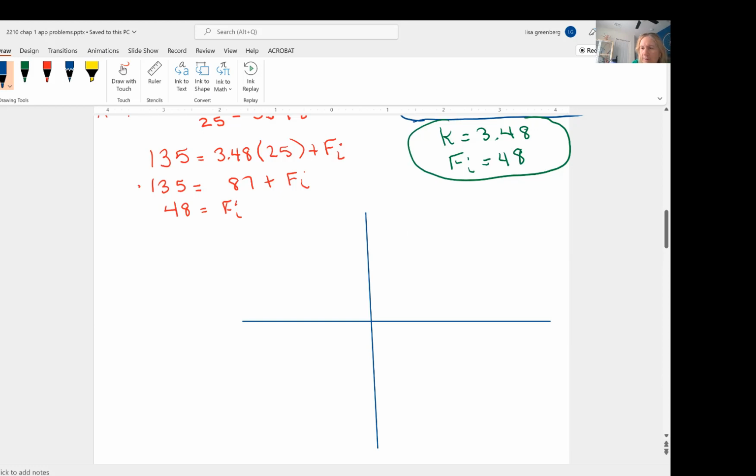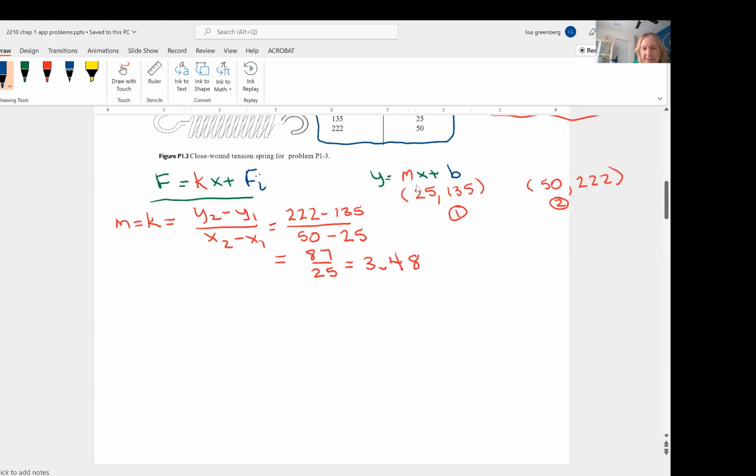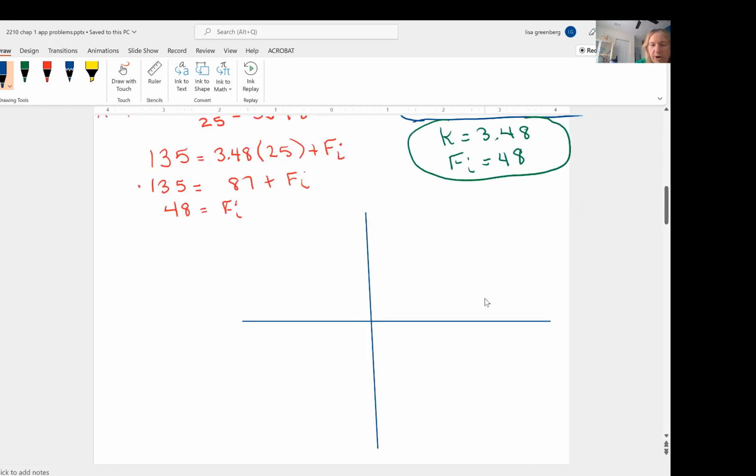For example, when I look at the values that I have here for x and y, they're going to be 135 and 222 and 25 and 50. So I can't really make those tick marks small.